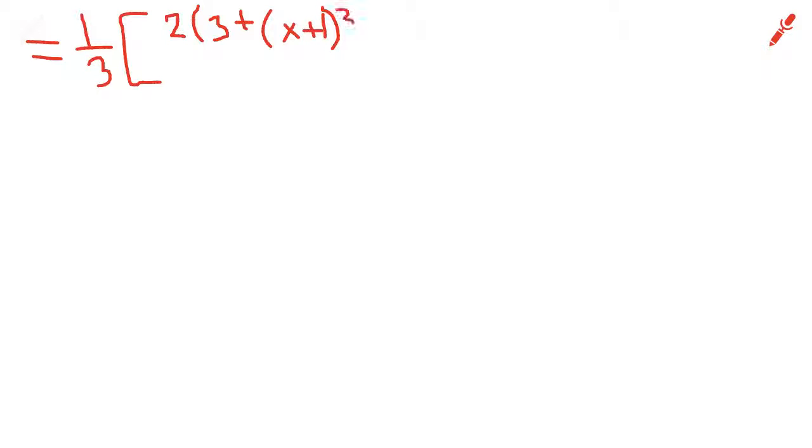So now we have 1/3 times 2 times 3 plus x plus 1 cubed, all of that to the power 3 over 2, and 3 as denominator, ranging from 0 to 1.